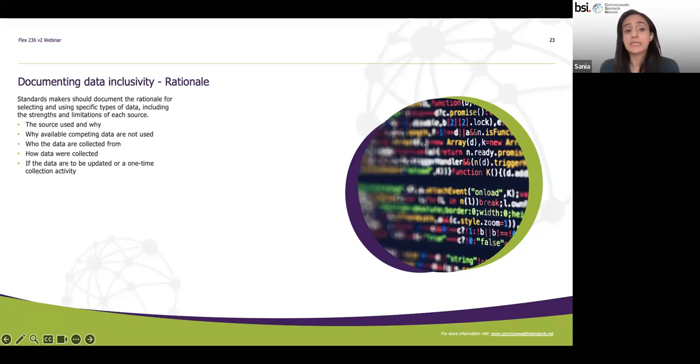Why other available or competing data were not used. So showing that you're aware of the other things out there, but you've actually just decided to select something, but you need to be able to defend that. Who the data are collected from, how the data are collected, and if the data are to be updated, or was this a one-time data collection activity?